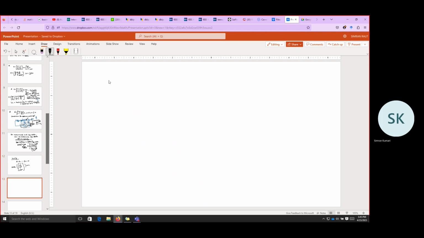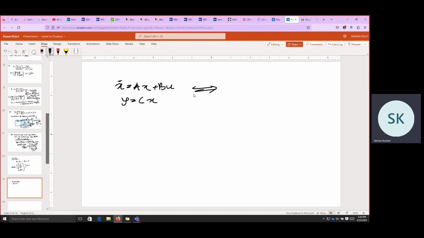And we have also seen that if we have a system x dot equal to Ax plus Bu, y equal to Cx, then we can find a dual system.